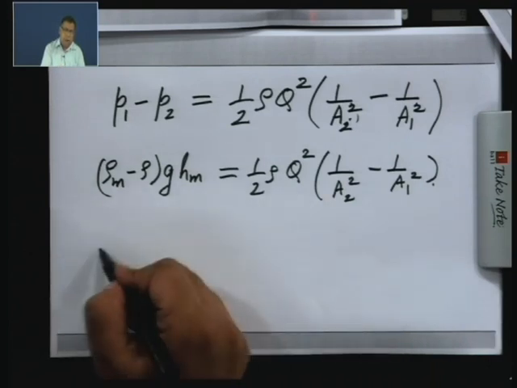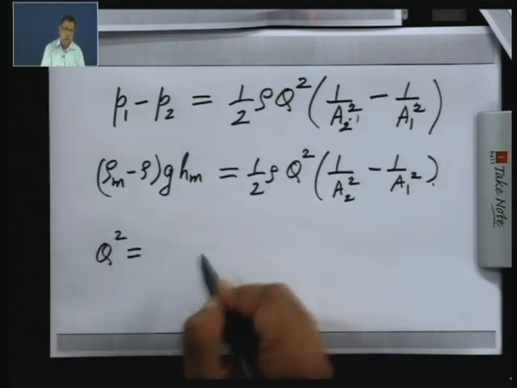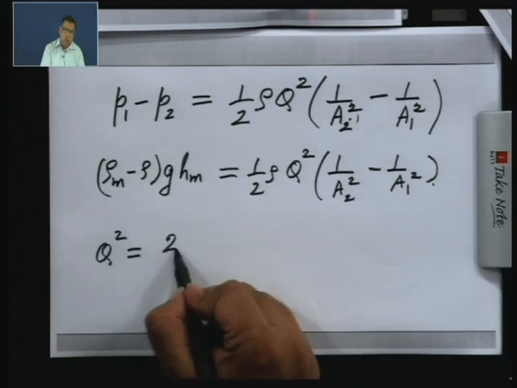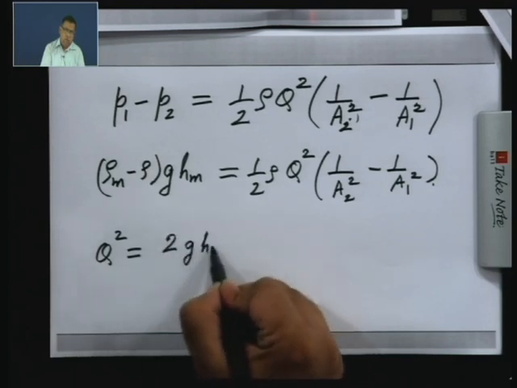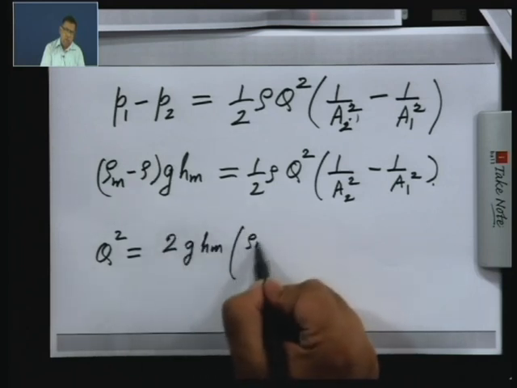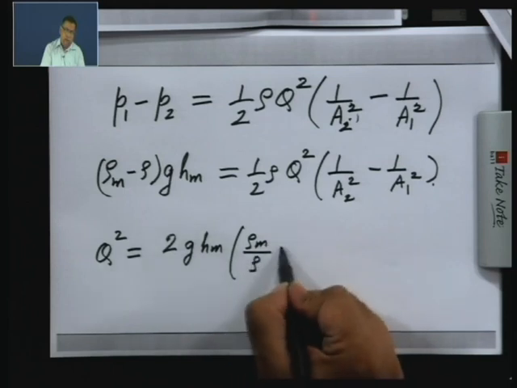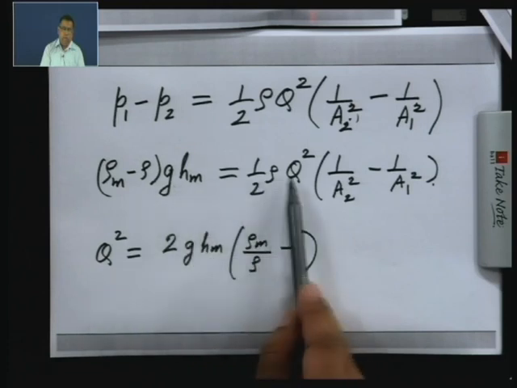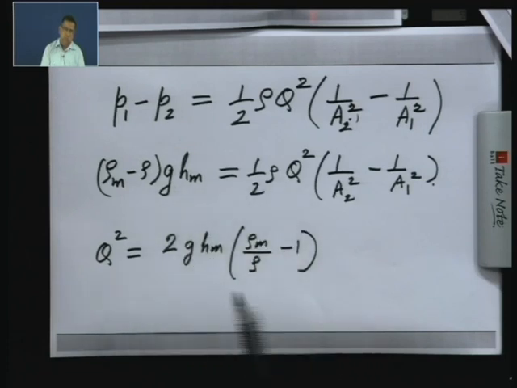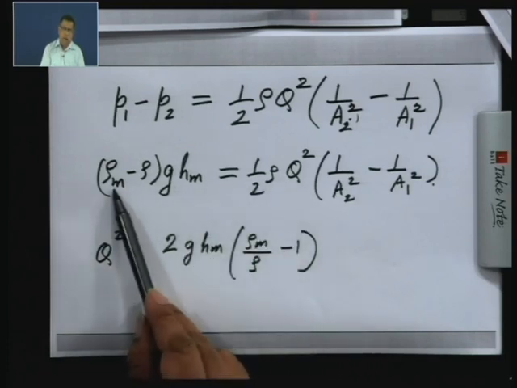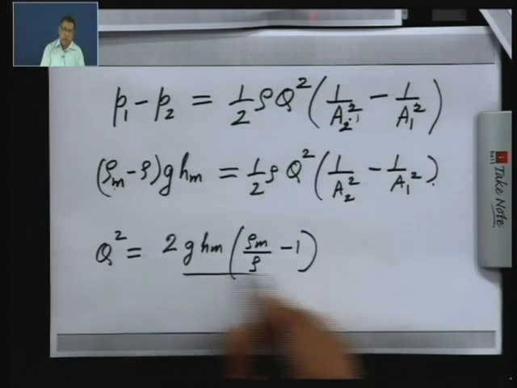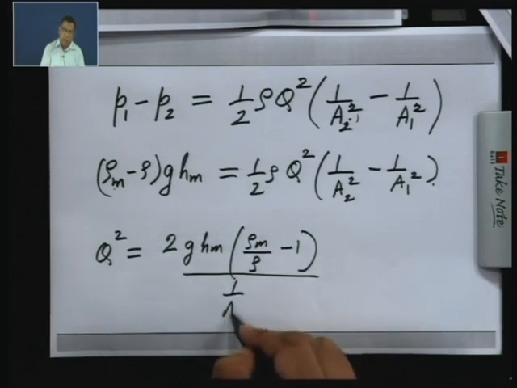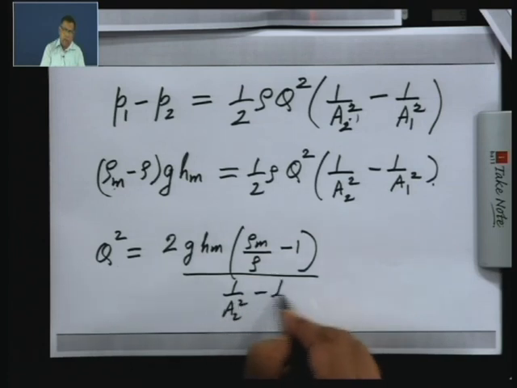So, from this you get q squared is equal to twice g H m into rho m by rho minus 1. What I have done is I multiplied both sides of the equation by 2 upon rho, and I moved this rho inside here, and this is divided by 1 by A 2 squared minus 1 by A 1 squared.